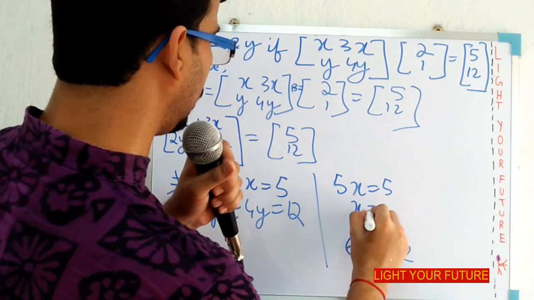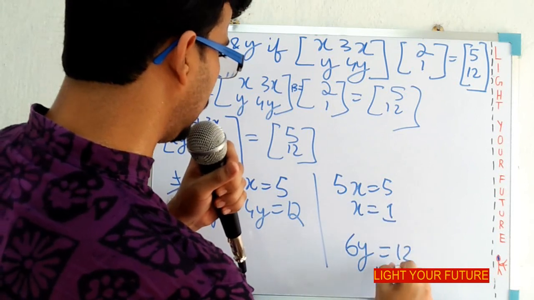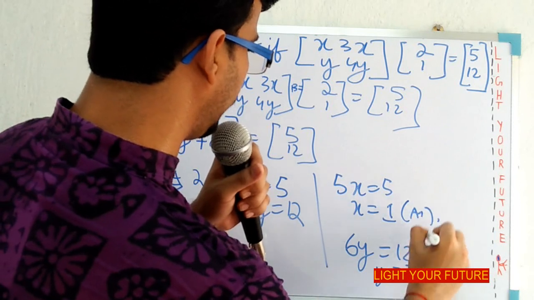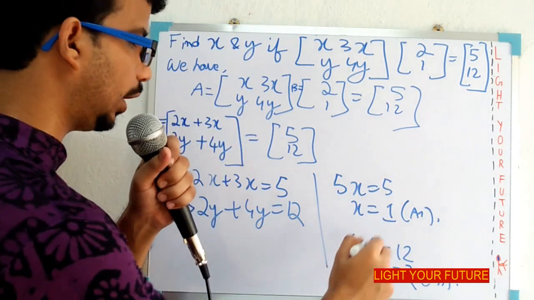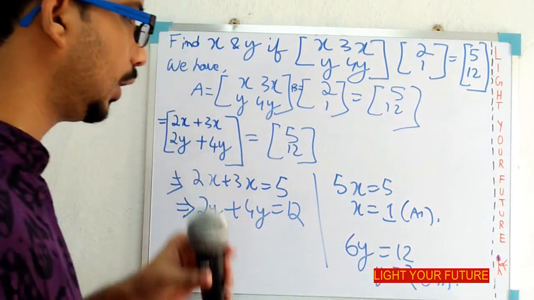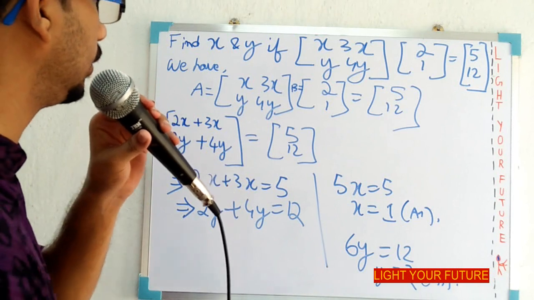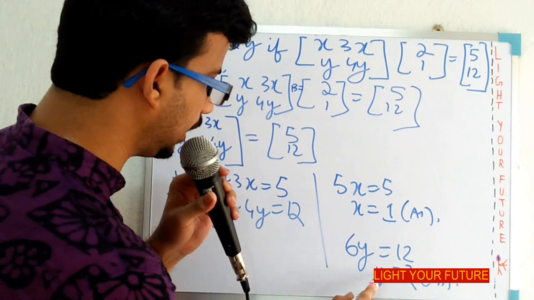Therefore from here we get the value of x as 1 and y as 2. So by using the formula of finding the product of two matrices, we got the value of x as 1 and y as 2.